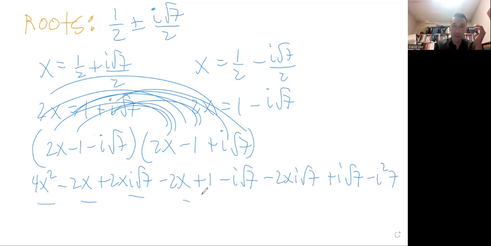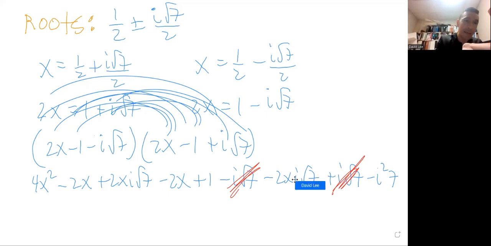1, 2, 3, 4, 5, 6, 7, 8, 9 terms. All 9 are there. Let's see what cancels. So this knocks out this one, and this one knocks out this one.